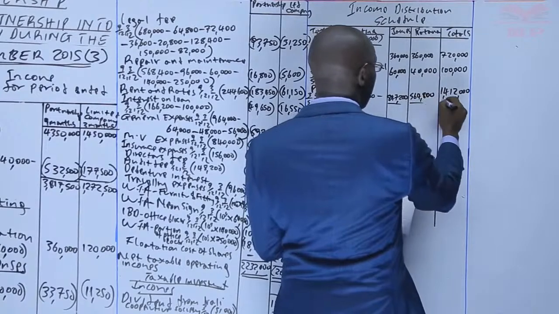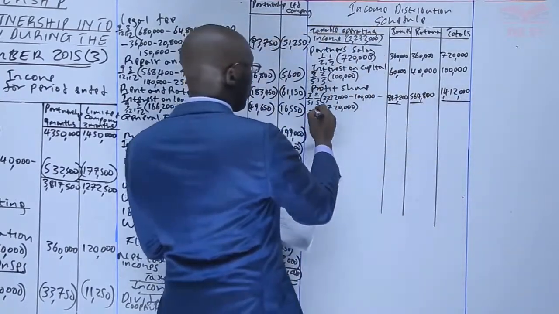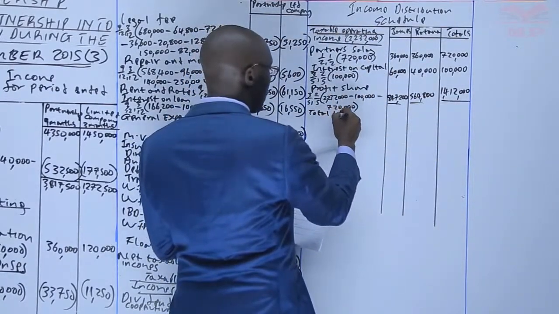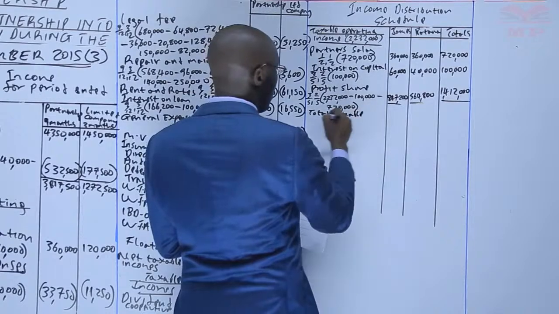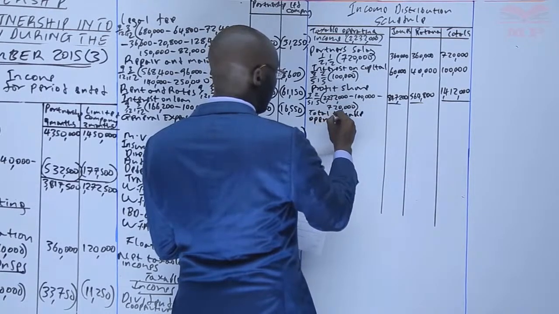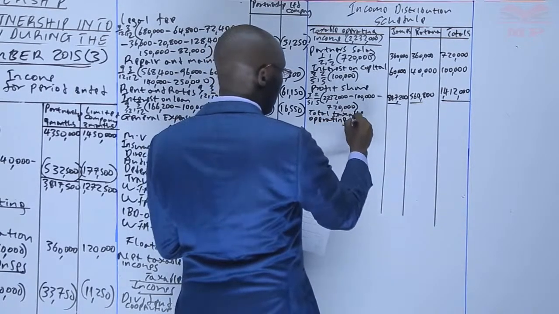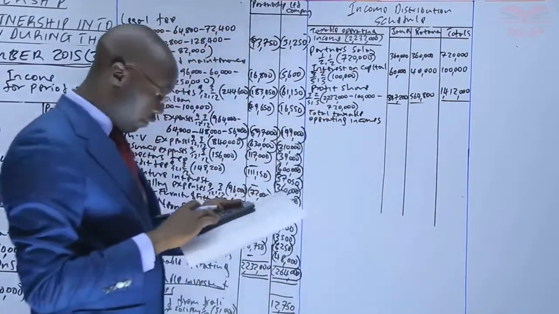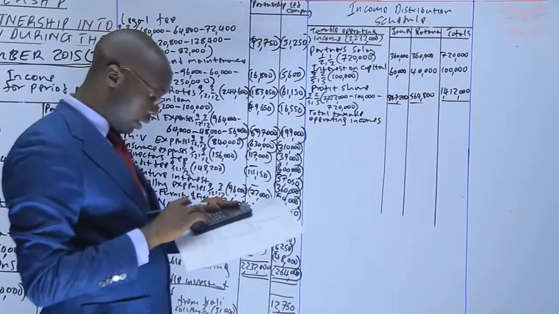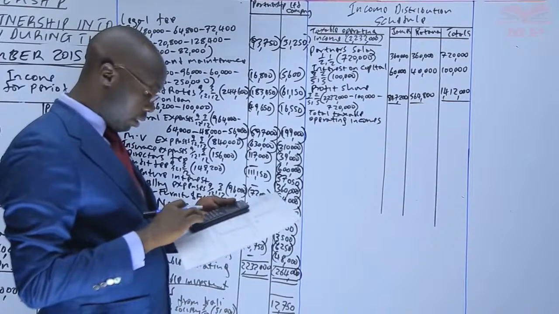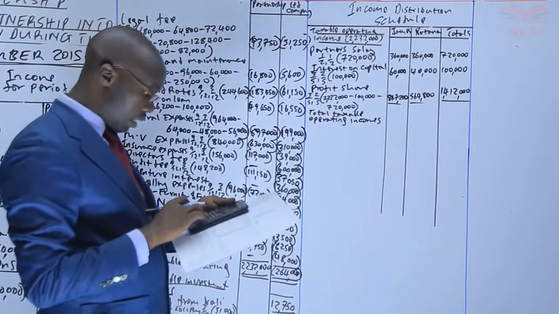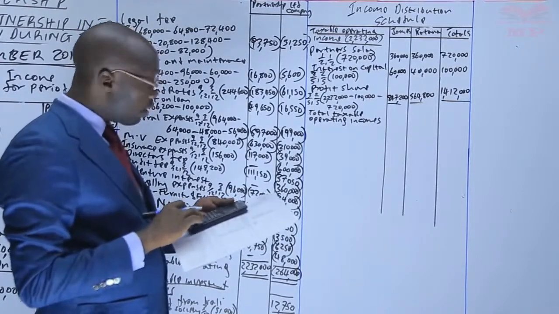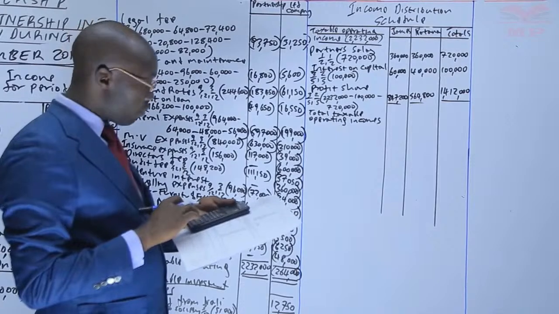And now we can get the total taxable operating incomes. So we add the operating from the top, the 360, and also 60, and also 847,200.